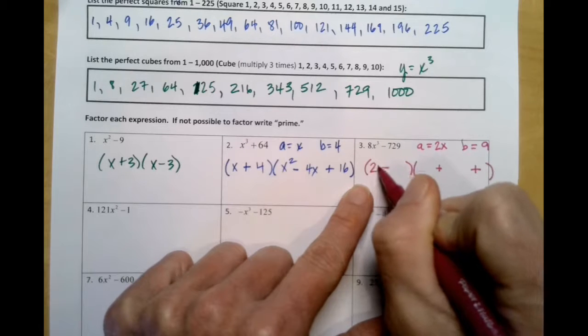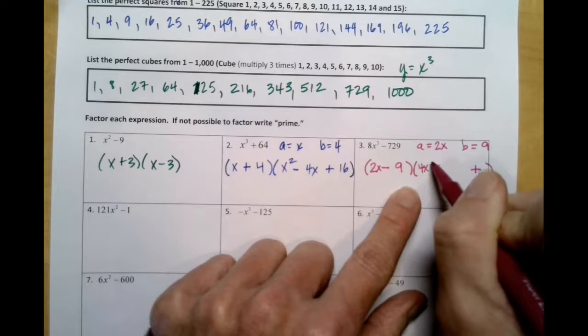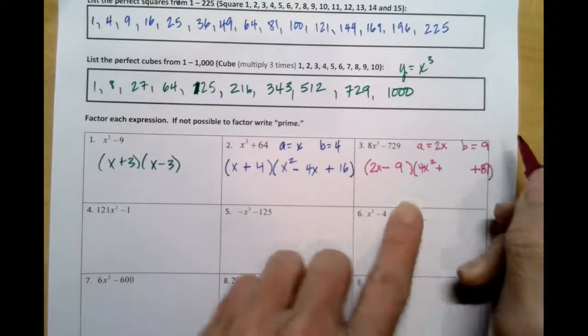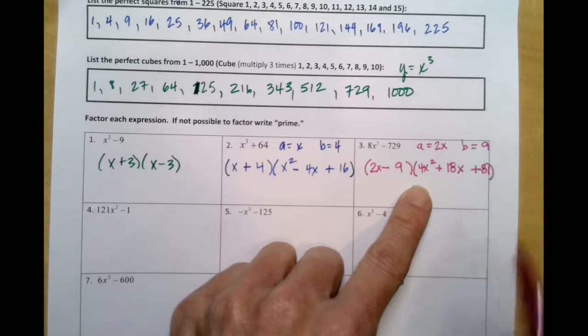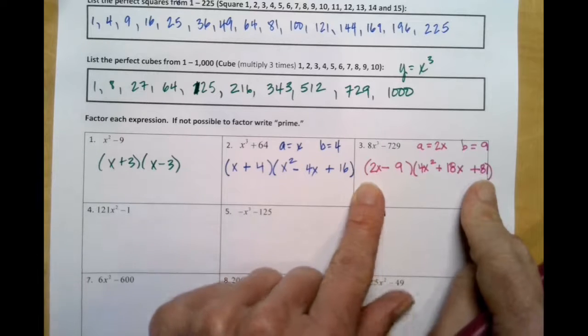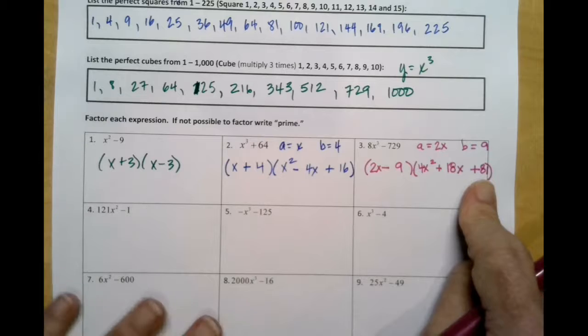So here's my A, here's my B, and here's A squared, here's B squared, and then A times B is going to be 18x. So it's nice to know how that fills in following that pattern that we talked about in your notes.